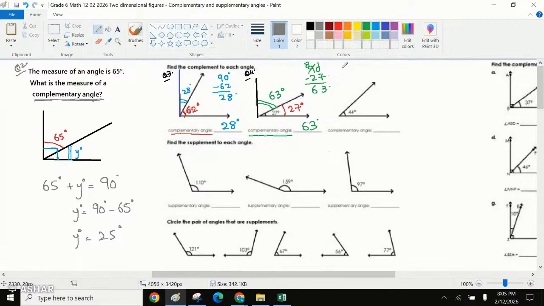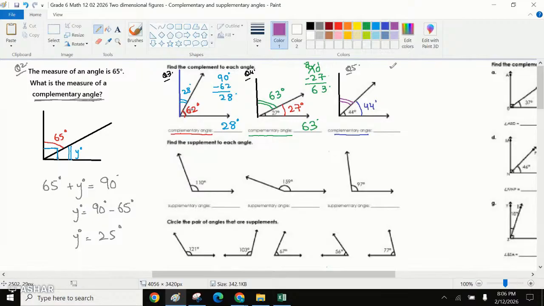For question number 5, they're asking us to find the complementary angle. If this given angle was 44, we need to find this missing angle. And we know that in complementary angles, the sum of the angles is always 90, right?